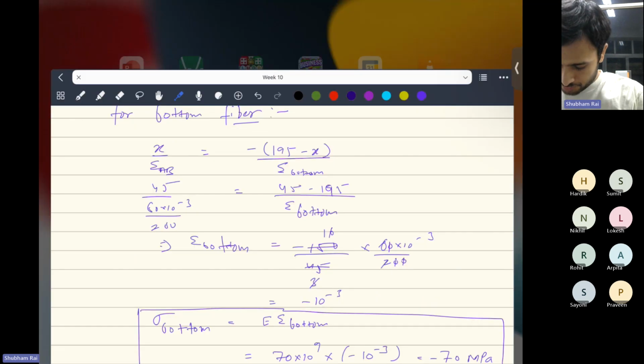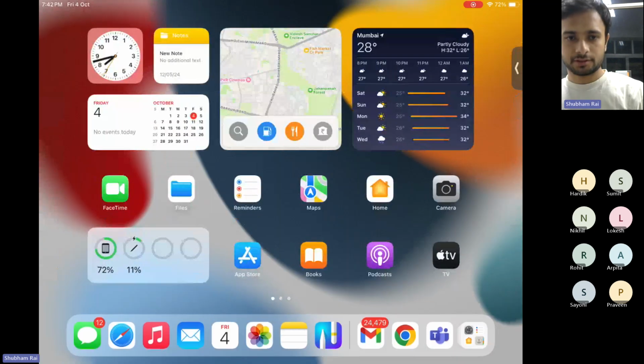Let me see how much it is charged. Make it 11%. So let it go to at least 20%.